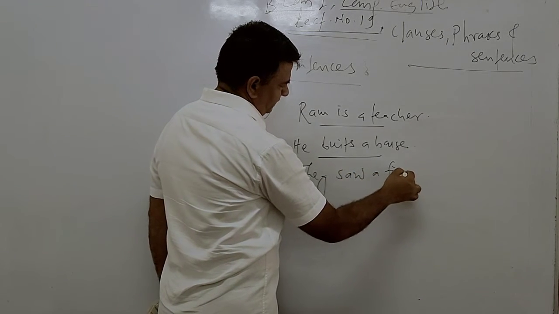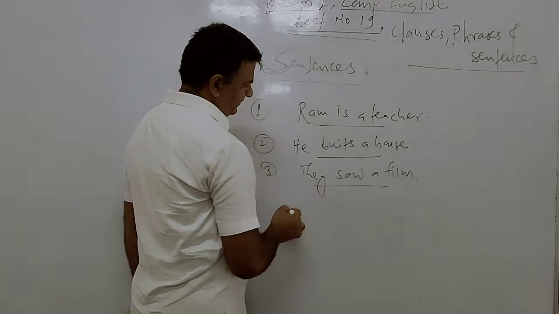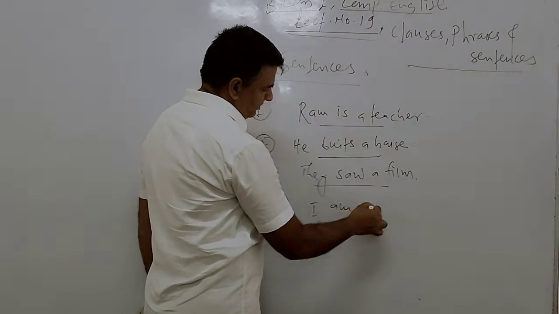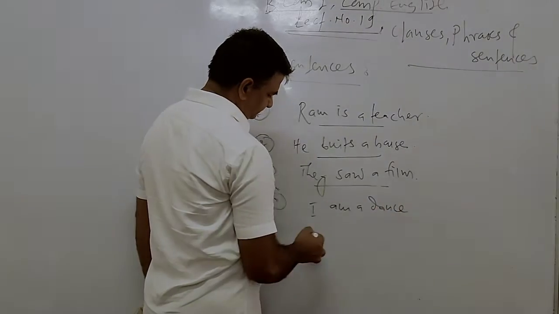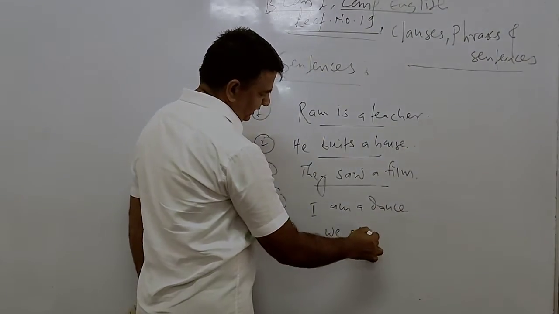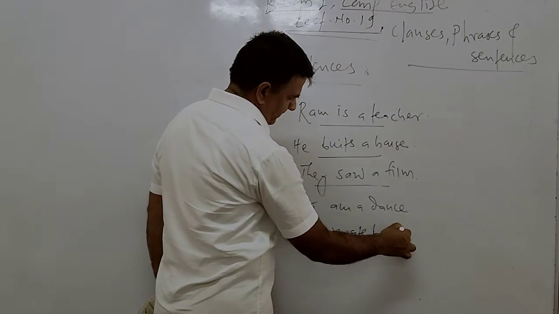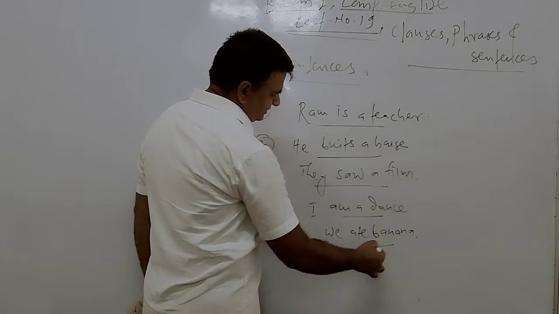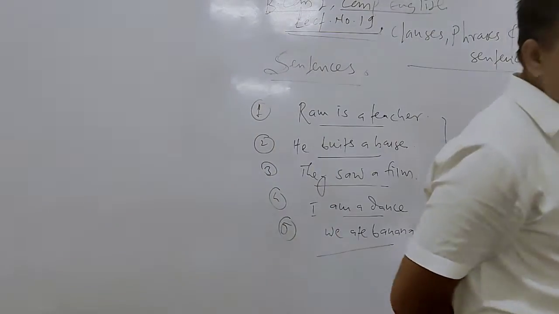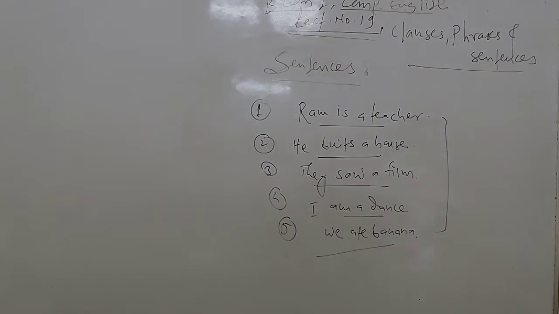They saw a film. I am a dancer. We ate banana. So these are examples which simply give information as a declaration. We can simply call them declarative sentences as well.